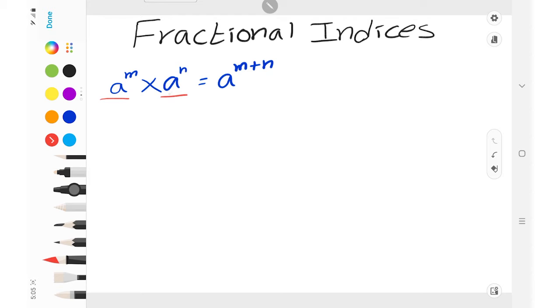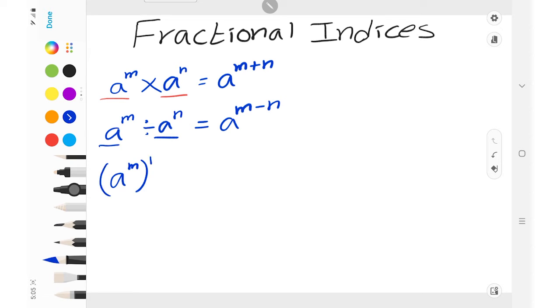Also, when we have a^m divided by a^n, we subtract the powers, also if we have the same base. And when we have a^m to the power n, we multiply the powers together.